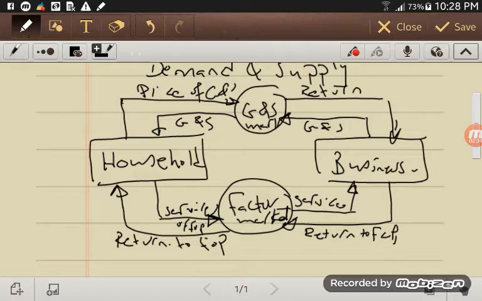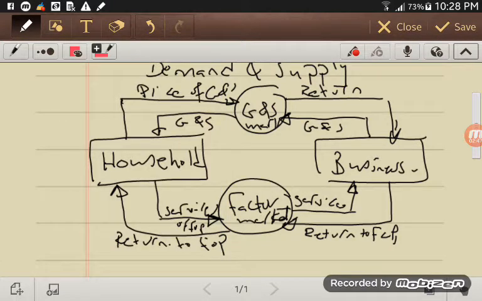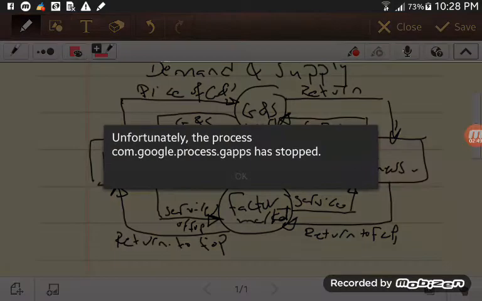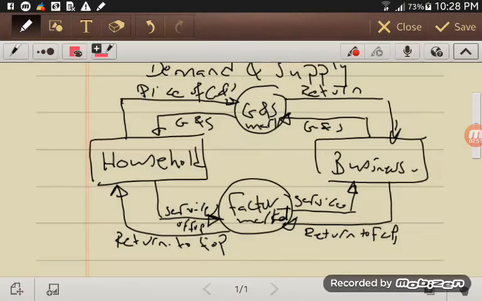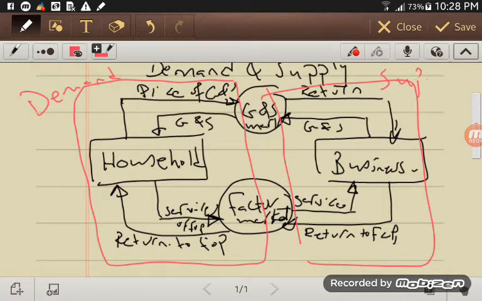So this figure is known as circular flow. In this case, we are going to assume that this sector or this part is related to demand side of a product, while this one is related to supply side of a product.